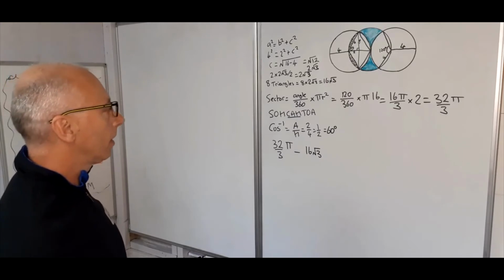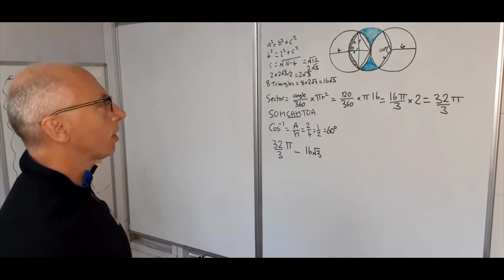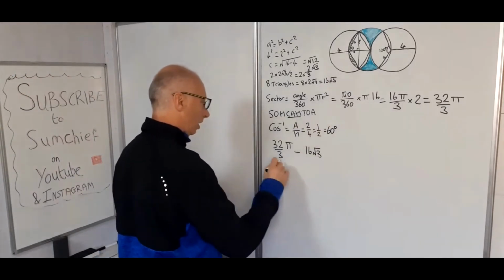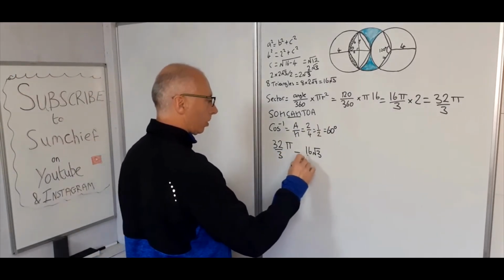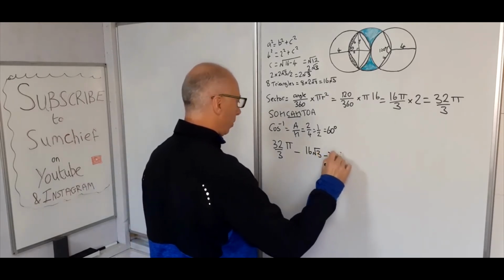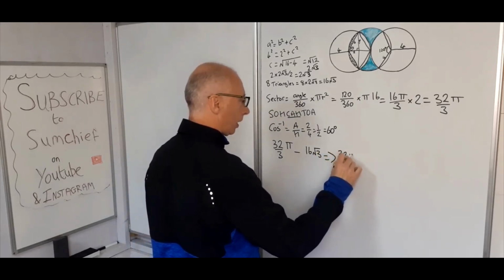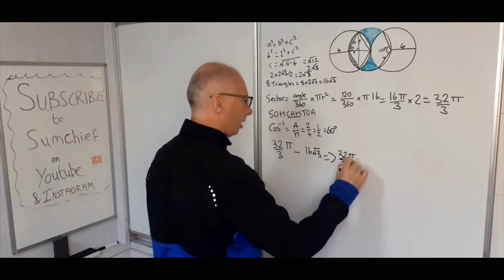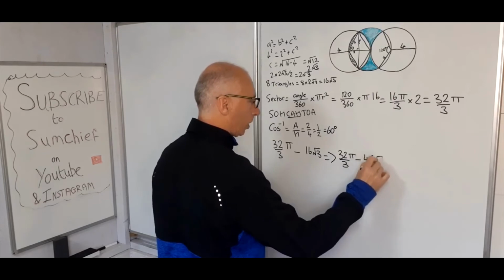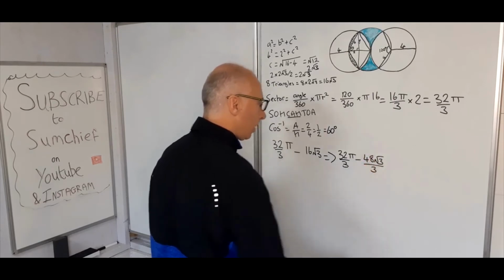Okay, so 32 pi over 3 minus 16 root 3. So let's get this one over 3 as well if we can. So that is also the same as 32 pi over 3 minus, divide that by 3, we want a 48, don't we? 48 root 3 over 3.